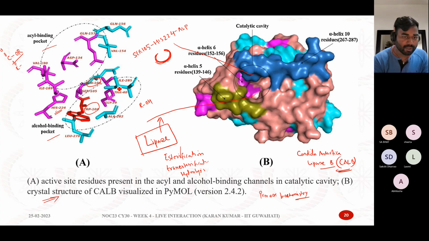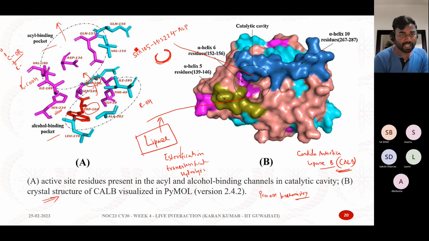Once the two substrates, the acid RCOOH and the alcohol, both bind, the amino acid residues at the interface play an important role in catalyzing the reaction, and finally the product is transferred to the acyl binding pocket, from where it is released.